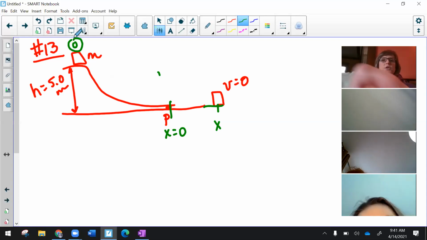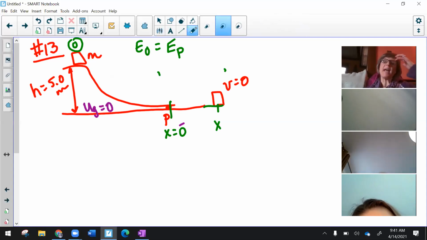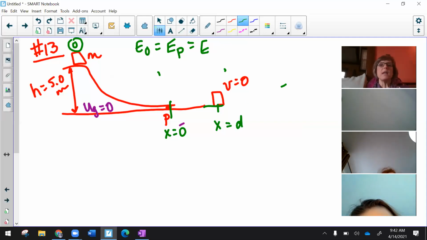All of that potential energy is converted into kinetic energy, especially if I decide that I'm going to let U_G be 0 at the bottom, which I would. So all of that gravitational potential energy at 0 is turned into kinetic energy at P. And then that kinetic energy at P is turned into thermal energy at, we'll call this x equals d, at this point.